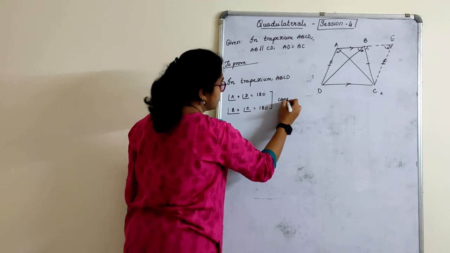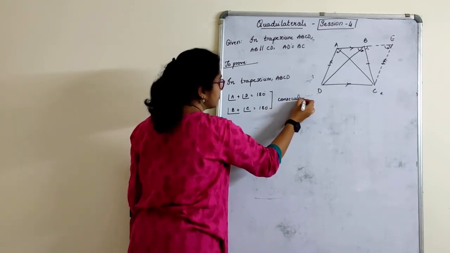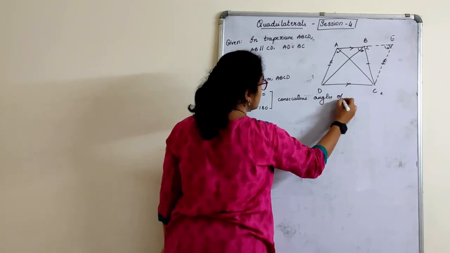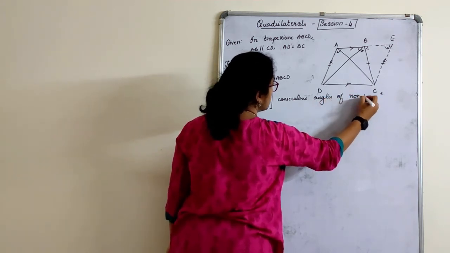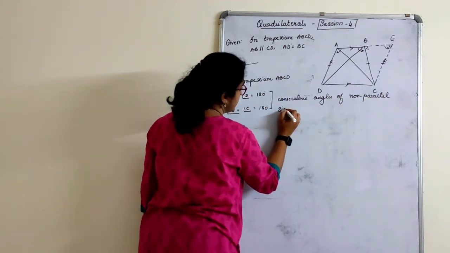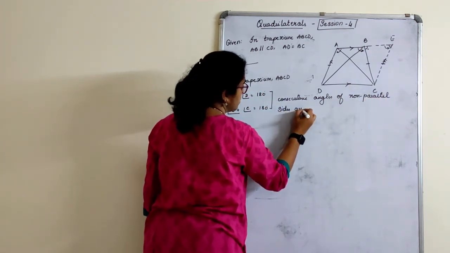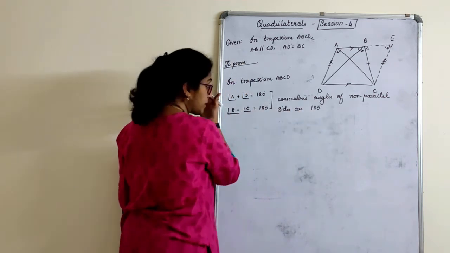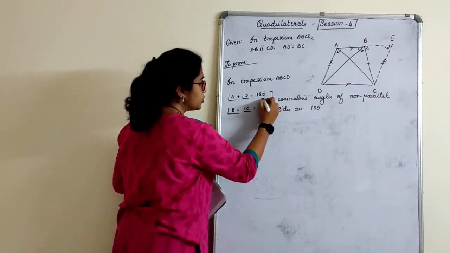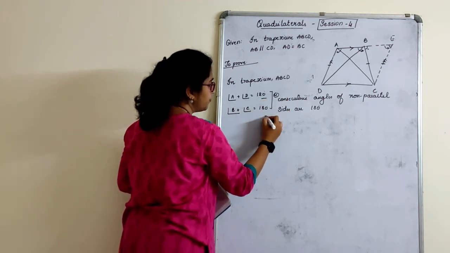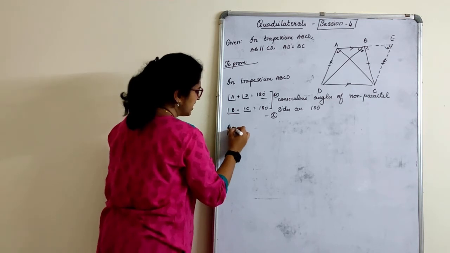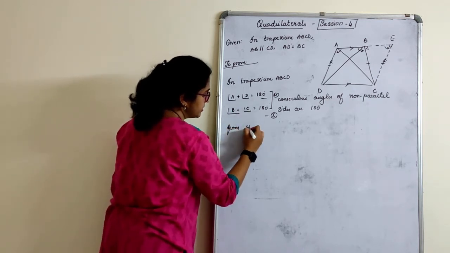Consecutive angles of non-parallel sides are supplementary. Which equation, children? I think first, second, third equation we finished, so from these two equations, that is equation 4 and 5. From 4 and 5, just check if I have missed out previous or whatever it is.